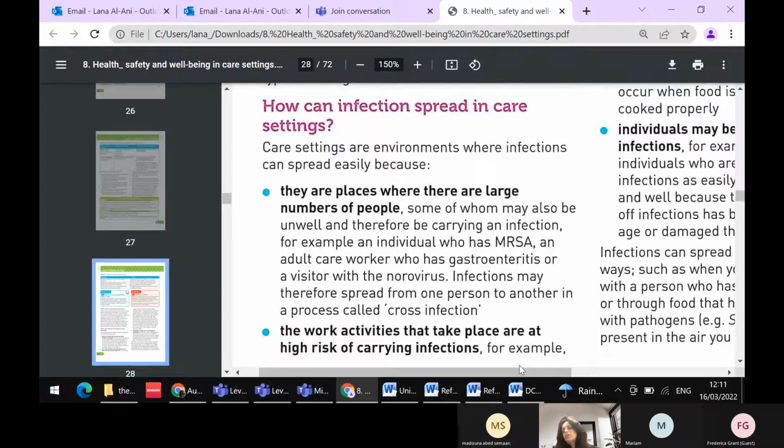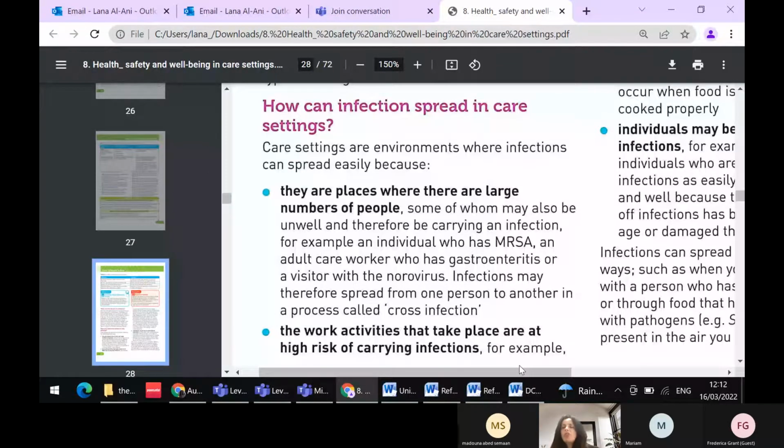So not only do I have to clean my hands and wear PPEs, I have to make sure that my client is always clean, because any dirty bodies might spread viruses or bacteria, so we need to make sure of the cleanliness and hygiene of the area.